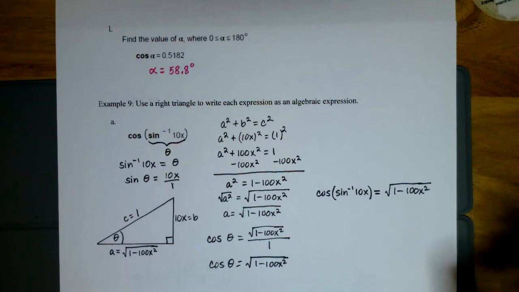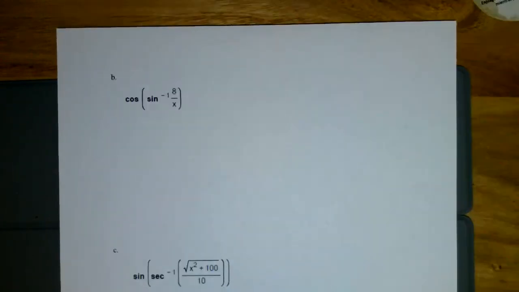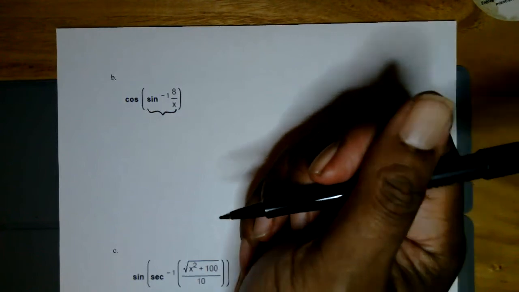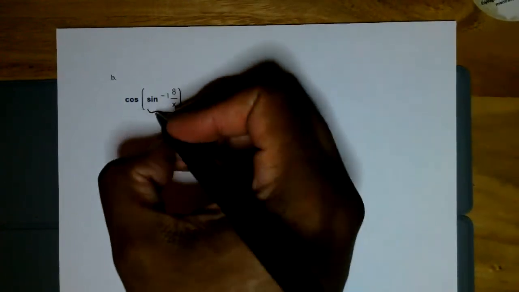Here's another example. This is part B on the next page, which is this. Let's say I want to find the cosine of the inverse sine of 8 over x. Here's how we start that problem. Take what's on the inside of the parentheses, which is the inverse sine of 8 over x.